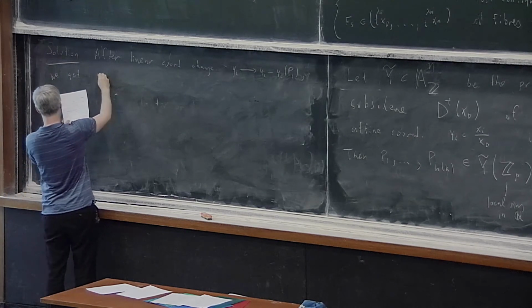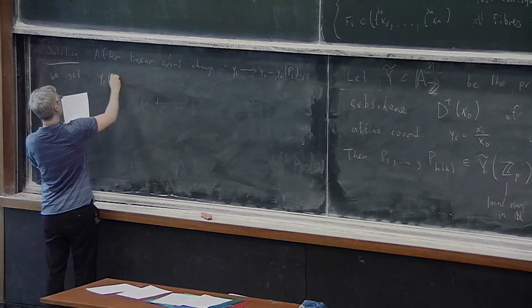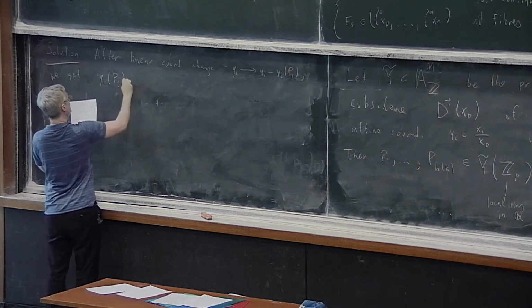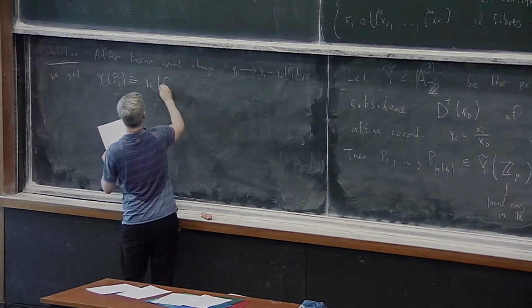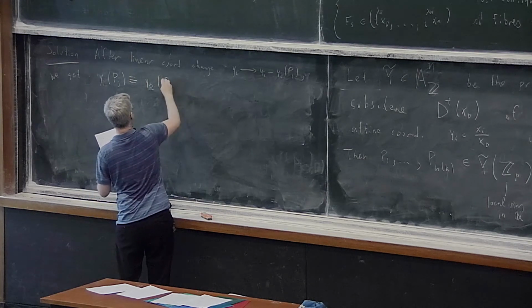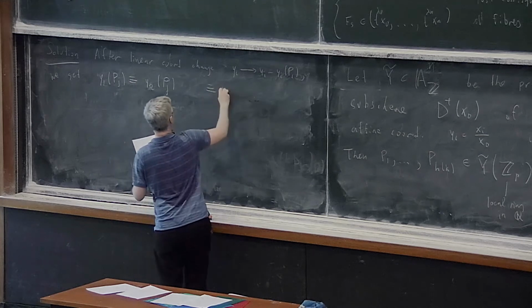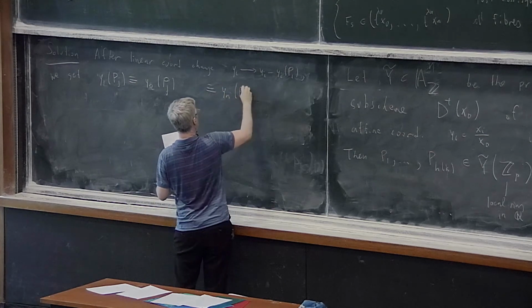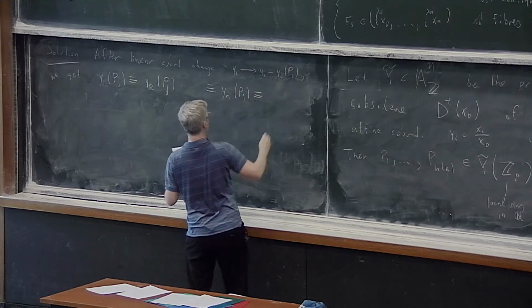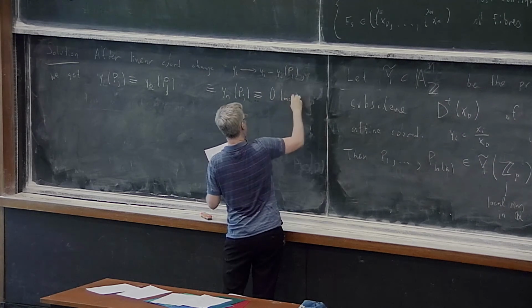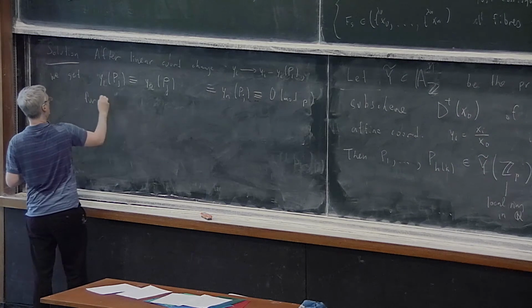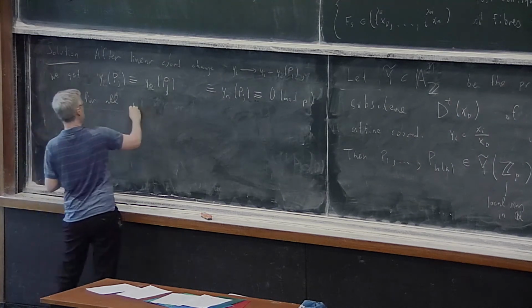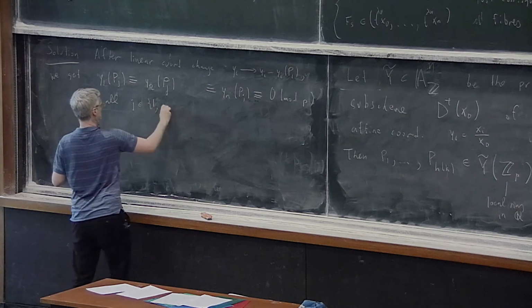So then we get that y_1 modulo p^j is congruent to y_2 modulo p^j, and this is then congruent to y_n modulo p^j, or this is then congruent to 0 mod p for all j belonging to 1 up to h_k.